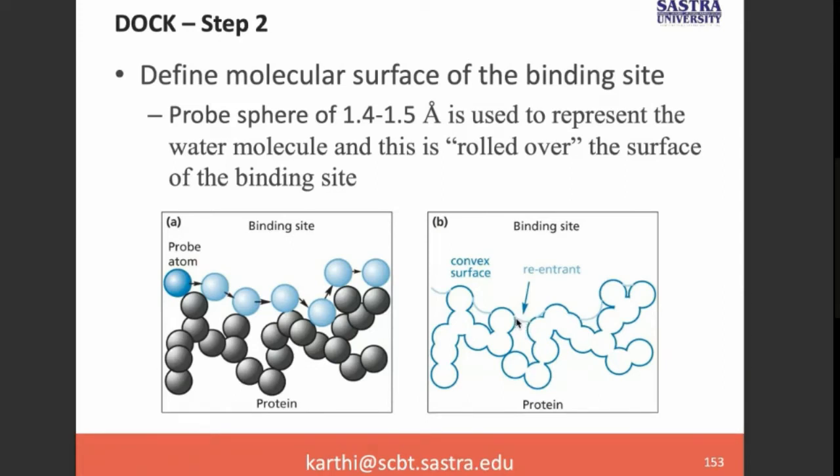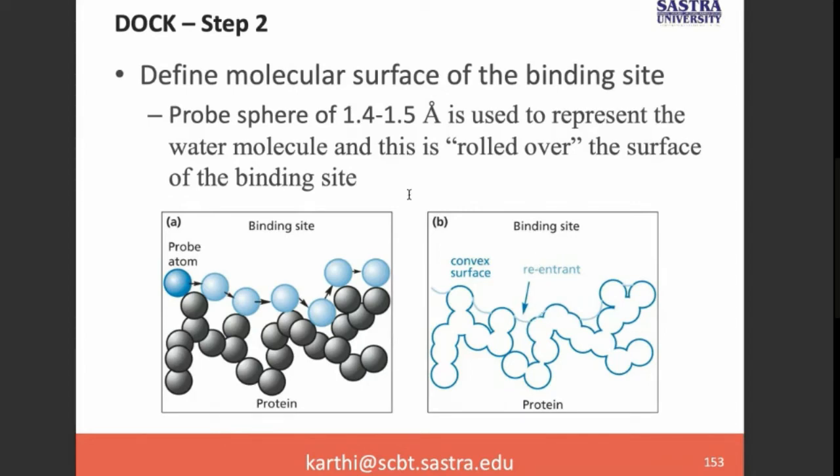This is the maximum region to which it can penetrate. Even though you have a cavity here, a hole or vacuum or space, this is the maximum that the water probe can contact. That's why it is called the re-entrant.